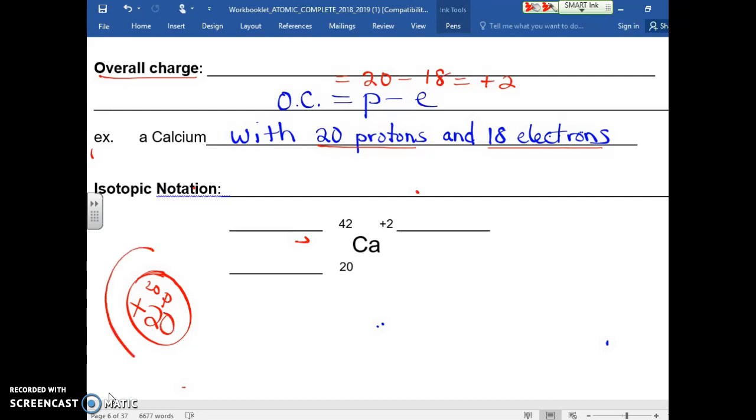Now, if I look in the shells outside of the nucleus, I have electrons. And I have a total of 18 electrons out here. So it means outside I have a charge of negative 18, but inside the nucleus I have a charge of positive 20.